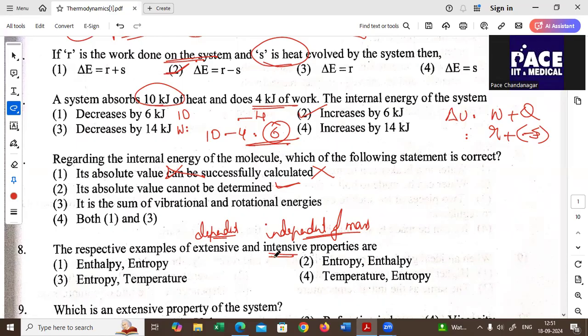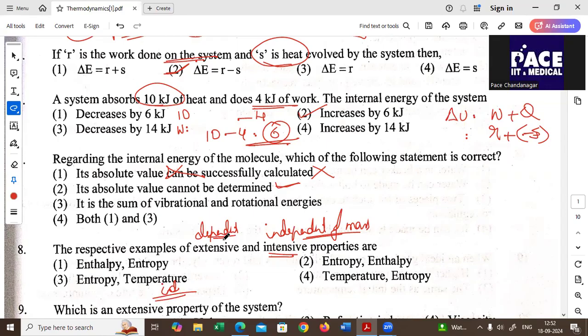Independent of mass, I would say temperature is independent of mass, right? Heat content is dependent. Heat is dependent because although one glass of water and one liter of water are both at the same temperature, the heat content in the system is different.